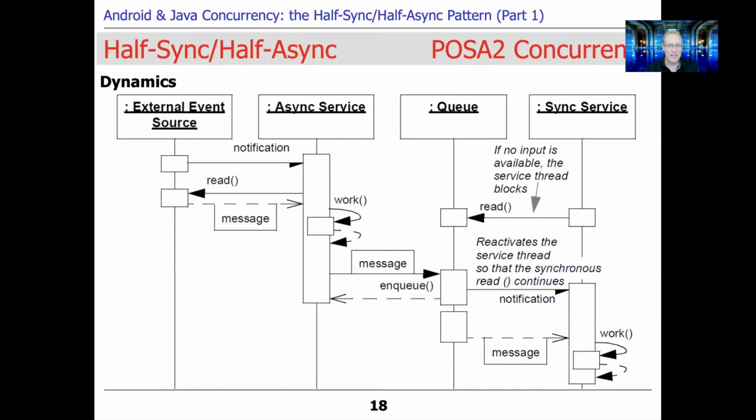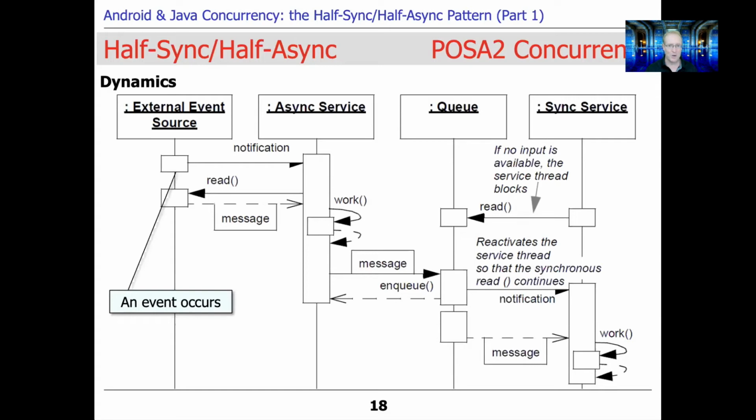So here's basically how it works. We're going to have the various roles we just talked about: the external event source, the async service, the queue, and the sync service or sync services. And so an event will occur.